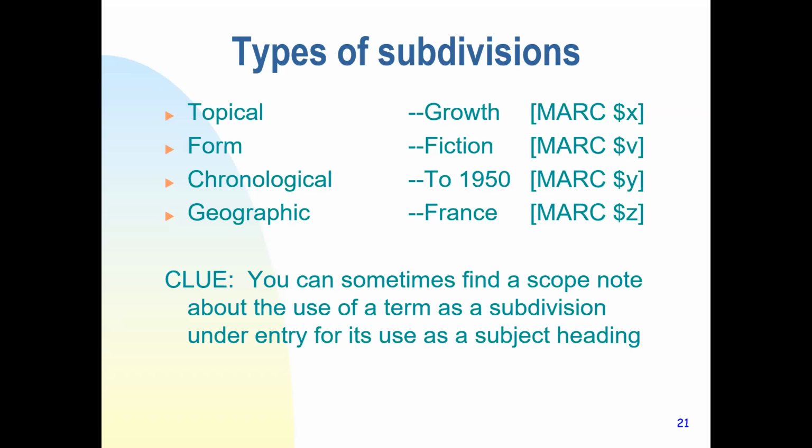So you have to look at the authority record for the subdivision and the authority record for the term itself and see how you're instructed to use those. And I think we pretty much covered each one of those in earlier examples.